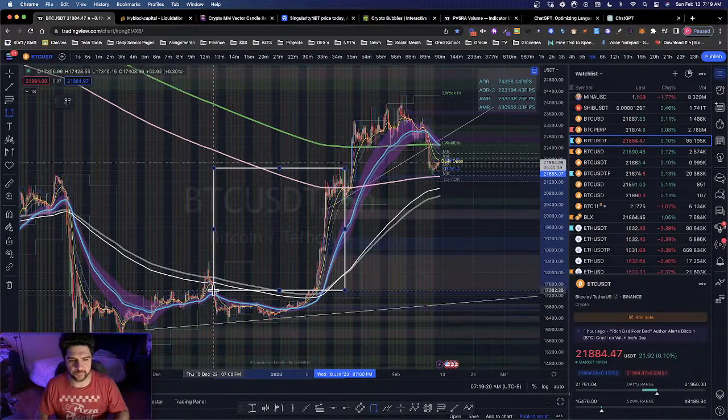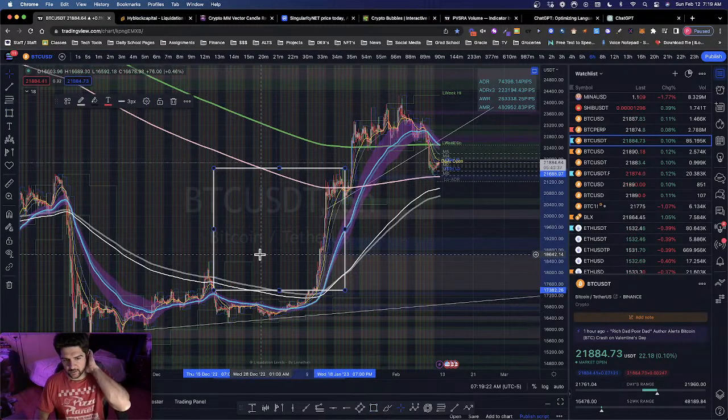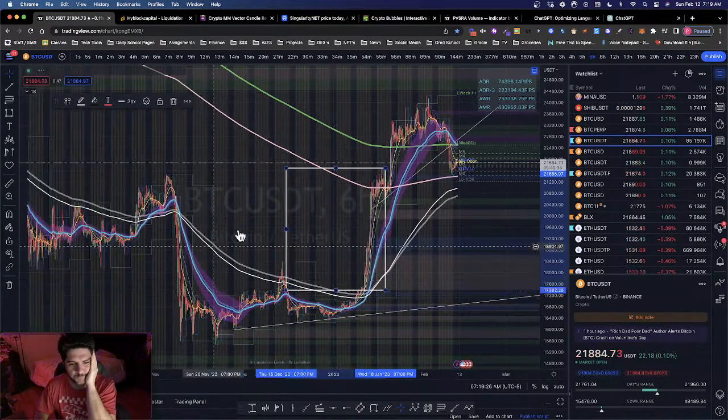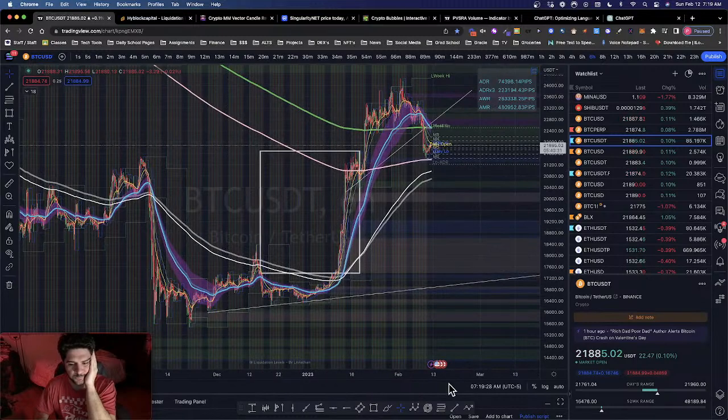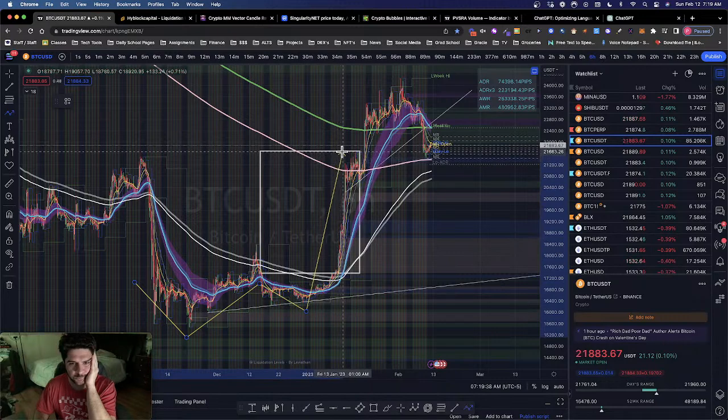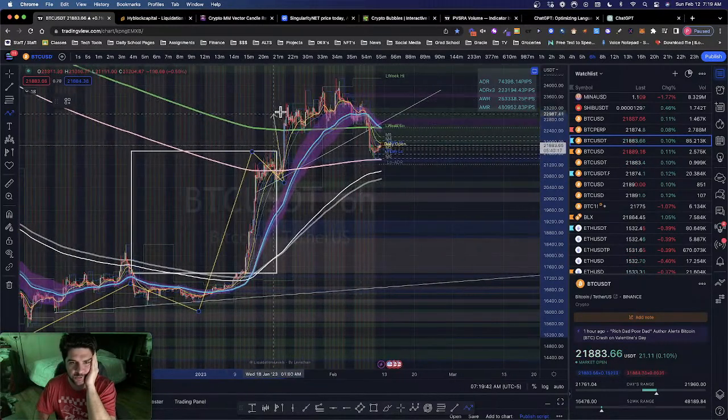Now, if this is your W, your W would look something like this. Level 1, retrace.